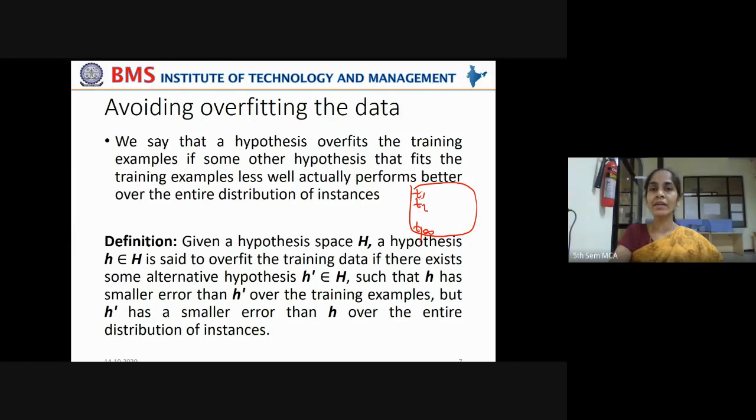If you have 100 data points in the data set, you take 66 or 67 for training and 33 for testing. That is how you need to divide your data set.